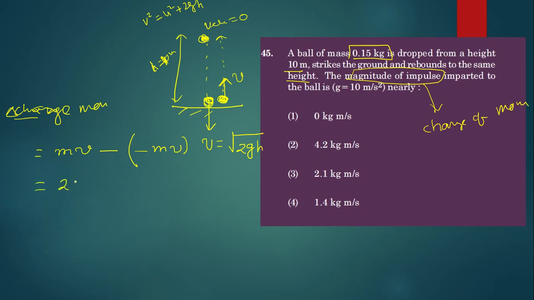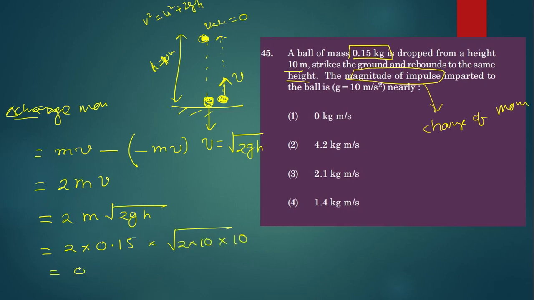So change in momentum will be equal to 2 times mv. So 2 multiplied by m multiplied by this v, which is nothing but square root of 2gh. Now let's put in the values. M is 0.15 multiplied by 2 multiplied by square root of 2 multiplied by 10, the acceleration due to gravity. This is 0.3 multiplied by 10 multiplied by square root of 2.